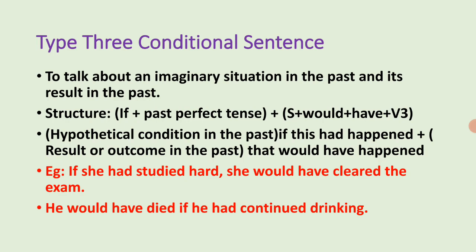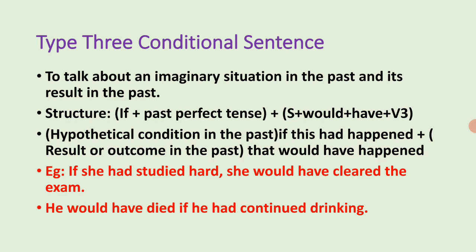Now we are moving on to type 3 conditional sentence. We use type 3 conditional sentence to talk about an imaginary situation in the past and its result, which is also in the past.